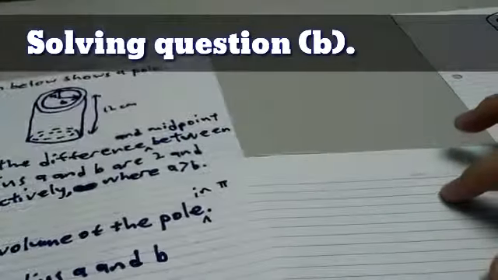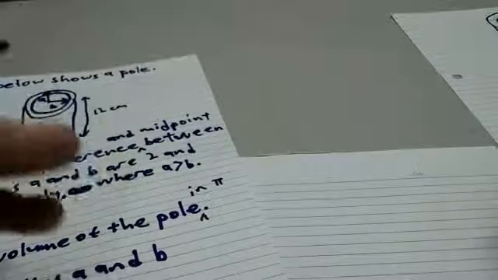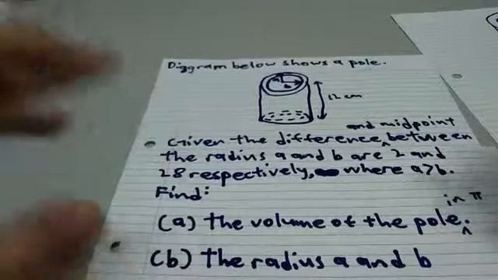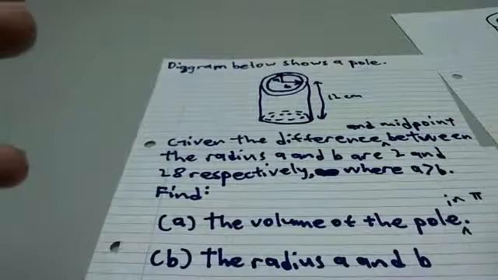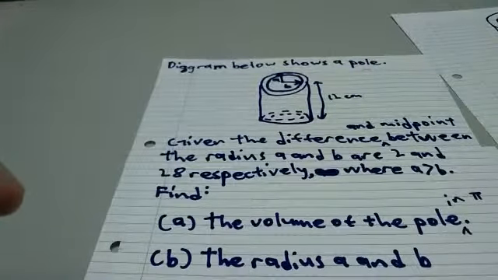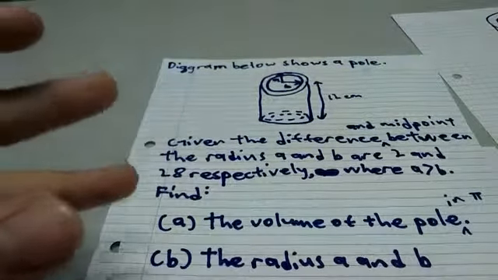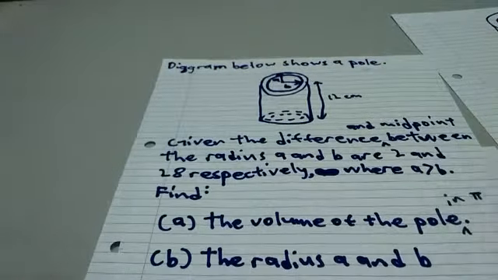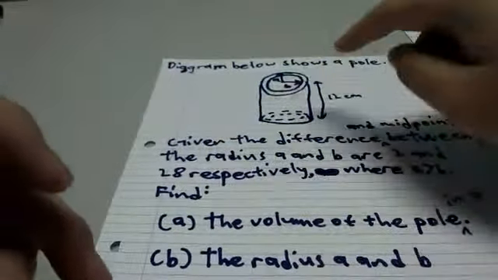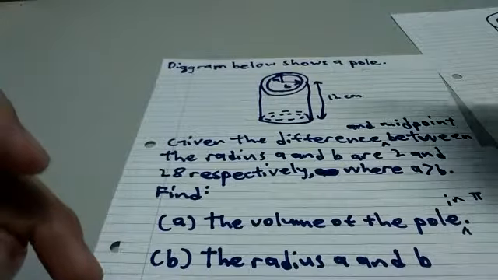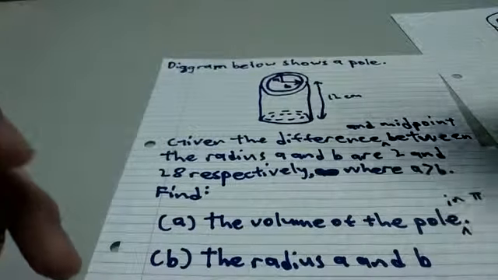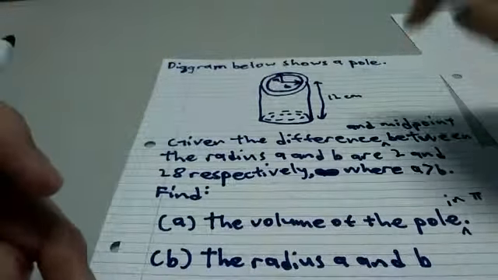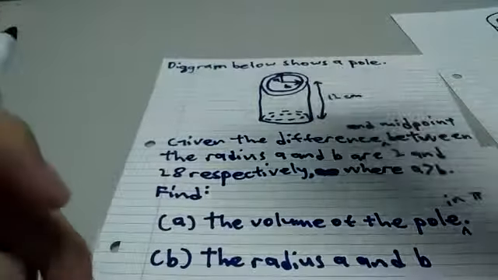Now they want you to find the radii A and B. We have one sentence that reveals all the characteristics of the radii A and B, which is this one: the difference between these two radii is 2, and the midpoint between these two radii is 28.